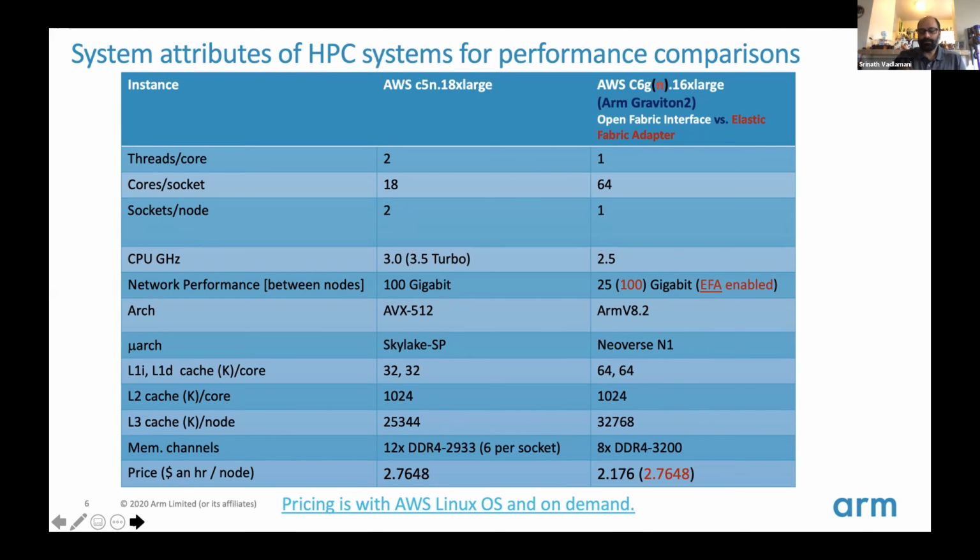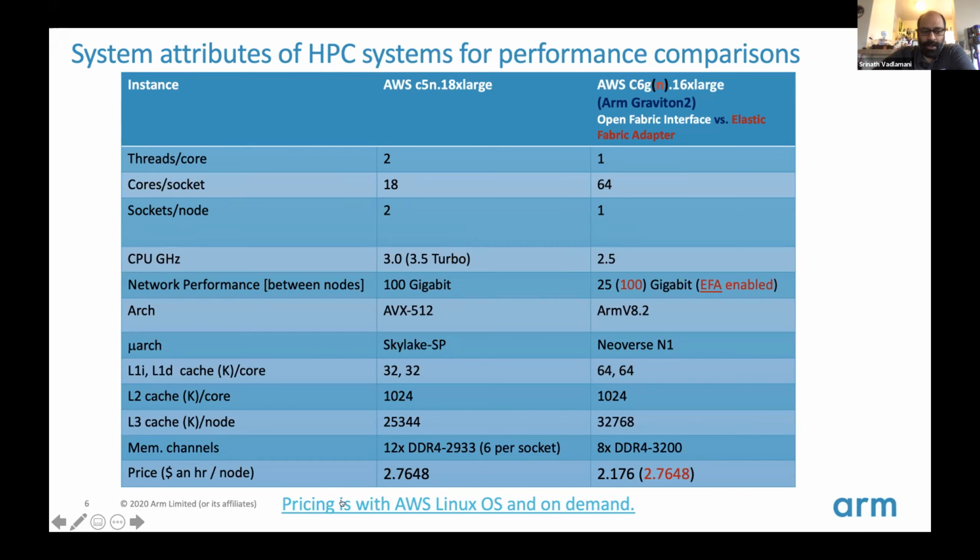So as we proceed, if you do plan to use the Amazon system, you can think of C5N.18xlarge and C6GN.16xlarge as your most comparable clusters to spin up.